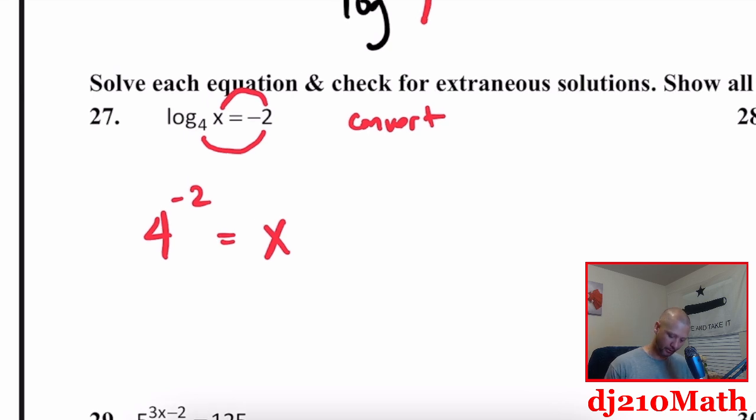The negative 2 power forces the 4 to go to the denominator. Notice when it moves down, it becomes positive. And 4 squared is 16. So x is equal to 1 over 16.